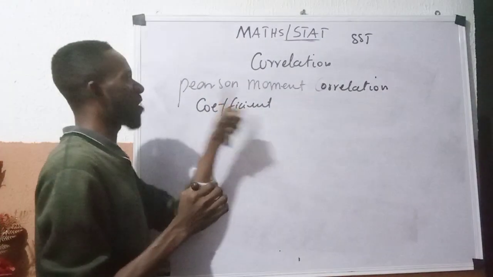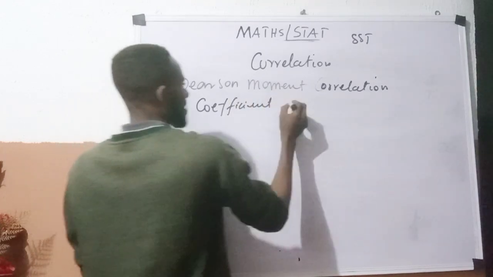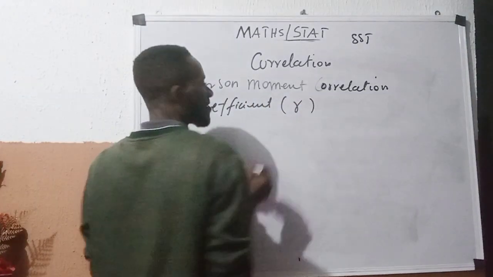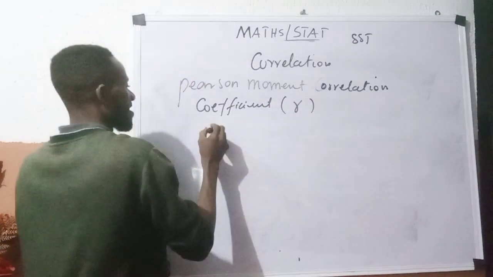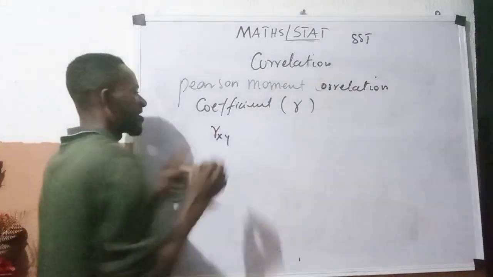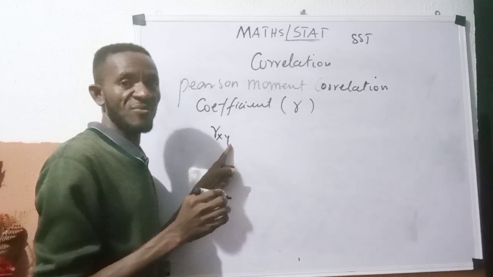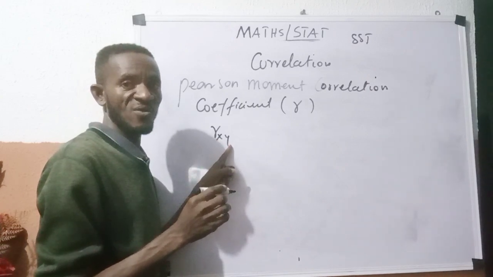This Pearson moment correlation coefficient, of course, is represented by r, you can say r subscript xy, if you are saying that the independent variable is x and the dependent variable is y.